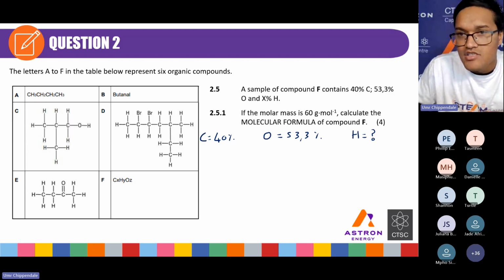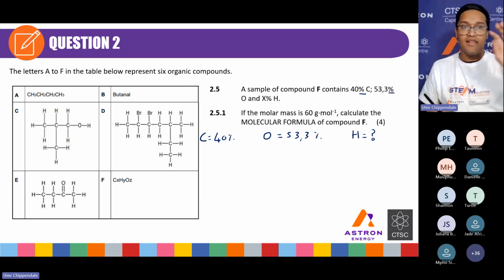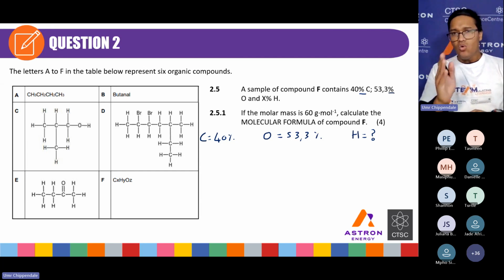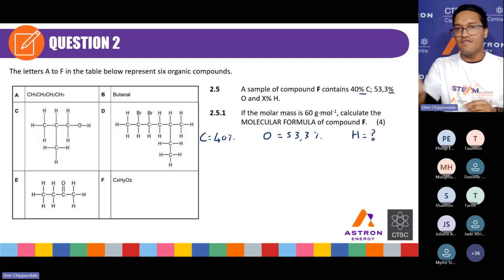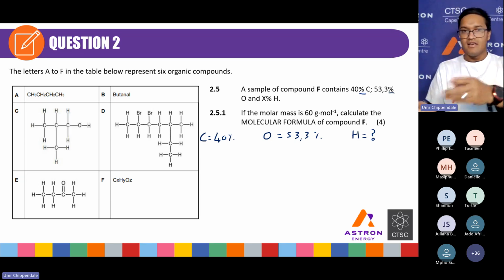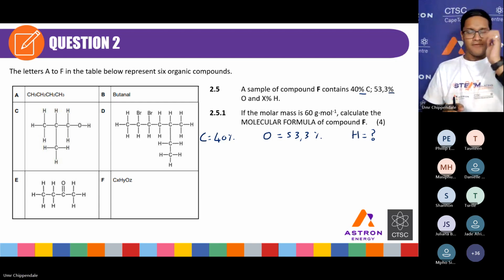Now, whenever you see percentage, by now you even know this from mass, you know it's that number divided by 100. So for carbon you have 40 divided by 100. Oxygen 53.3 divided by 100, which means for hydrogen you'll have X divided by 100.